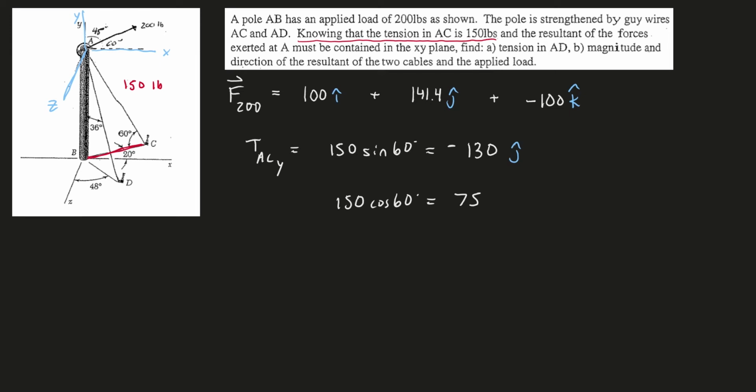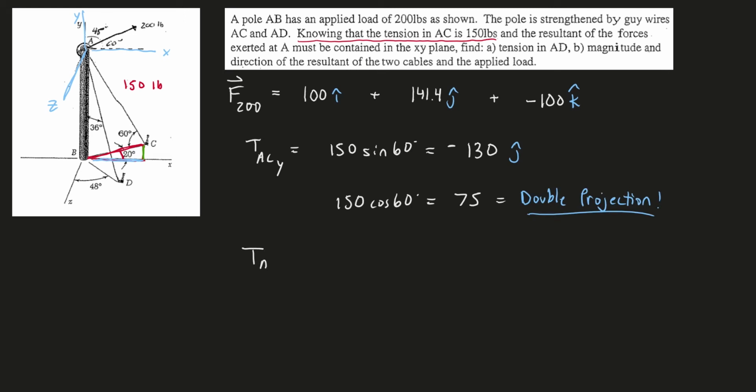And I can break this into a right triangle based on this 20-degree angle. The adjacent will be the x component, and we'll use cosine to get it, and the opposite will be the z component, and we'll use sine to get it.